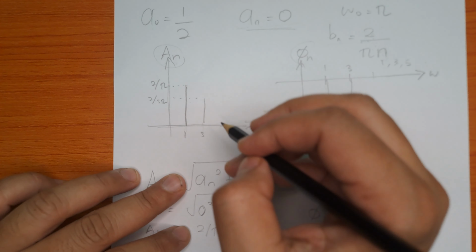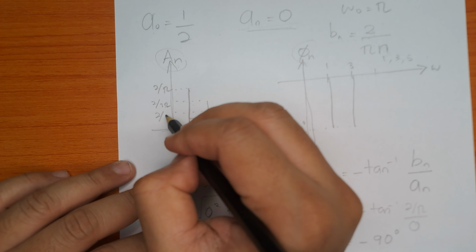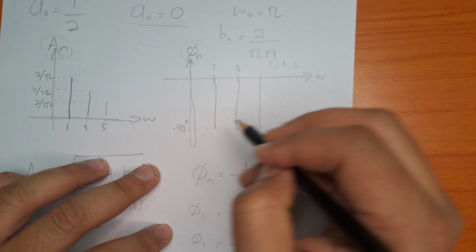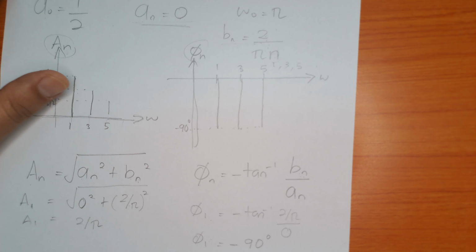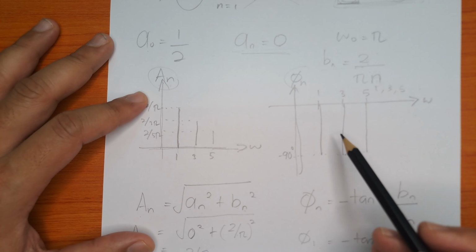So just plot it here, 2 over 5 pi, and here 90 degrees. Then this is your amplitude and phase spectra.